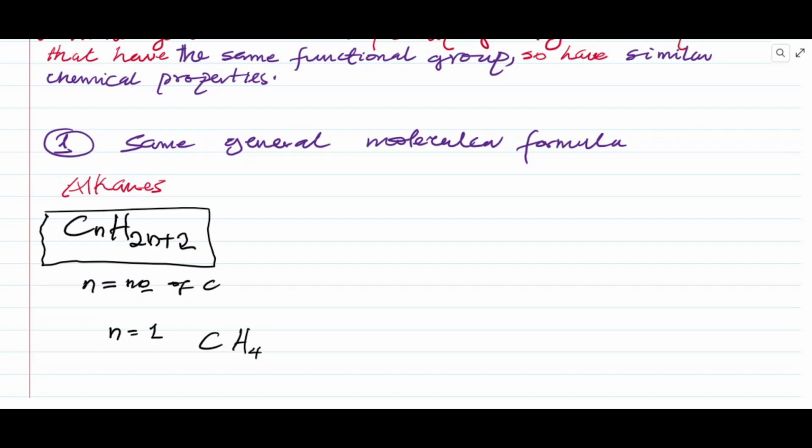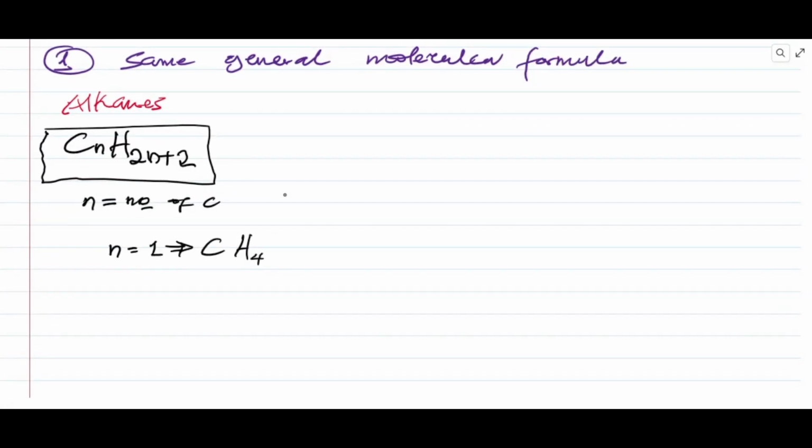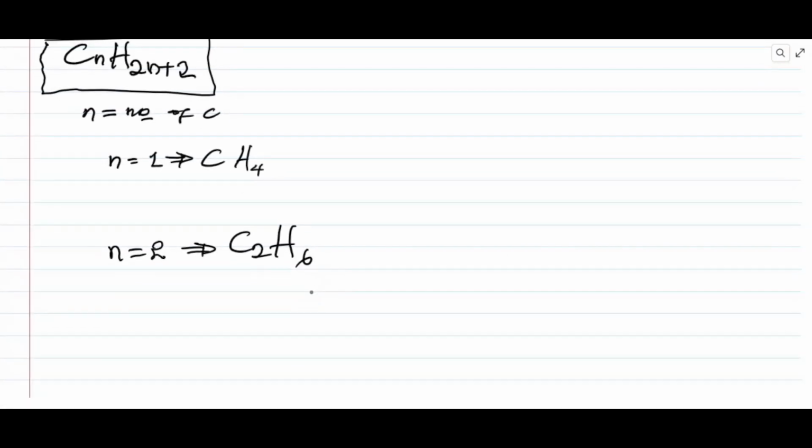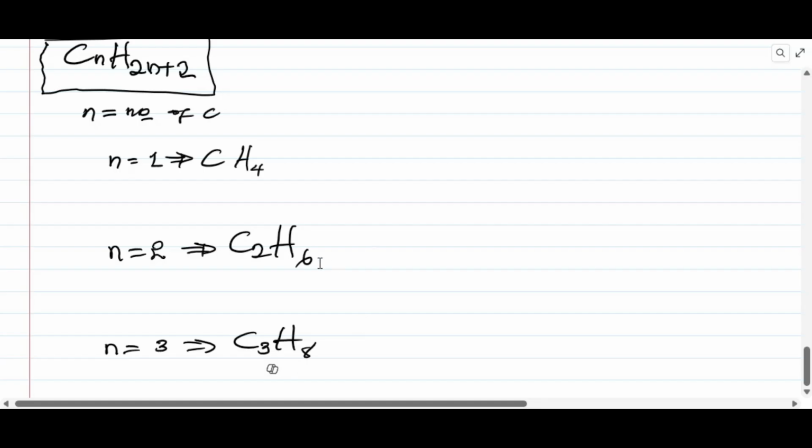So that is CH4, the first family member of the alkanes, which is methane. If n equals 2, we get C2, H2 times 2 is 4, plus 2 is 6. That is ethane. If n equals 3, we have C3, H3 times 2 is 6, plus 2 is 8. So let's take another homologous series.